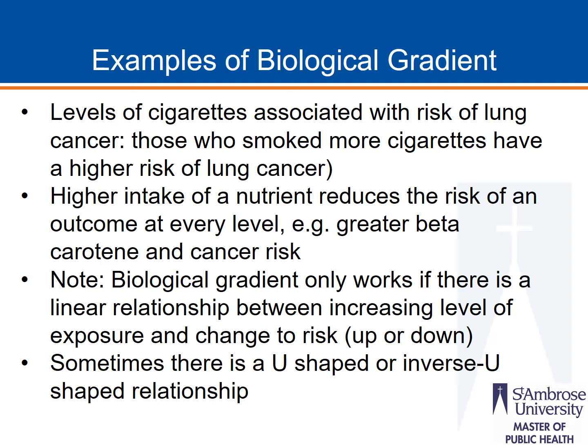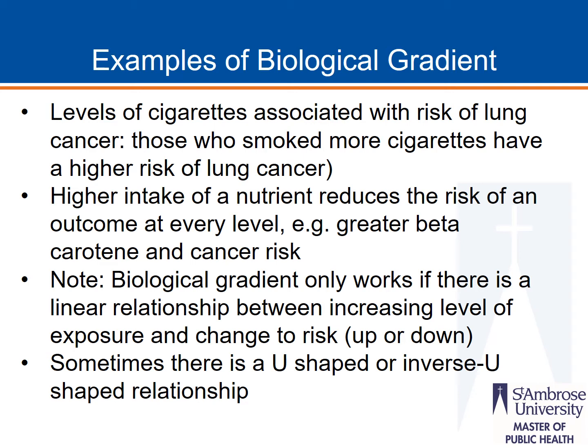Another point is that you could have a higher intake of a nutrient, and instead of increasing the risk, we'll talk about reducing the risk, but it's still the concept of biological gradient. So you could have a nutrient that reduces the risk of an outcome at every level, and that's a different way of supporting the concept of biological gradient.